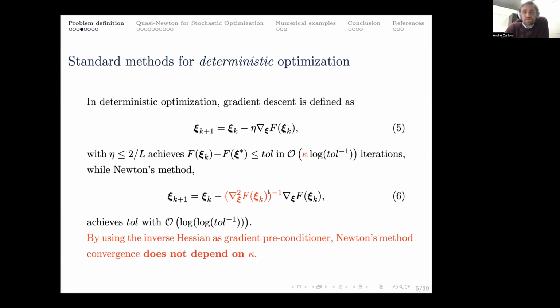Now, if we use the Newton method, for example, which can be seen as something like a preconditioning of the gradient by the inverse Hessian, then we get rid of this dependency on kappa, and we will have convergence regardless of this condition number.